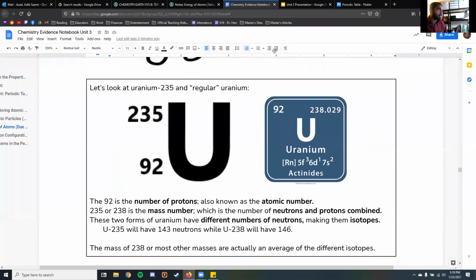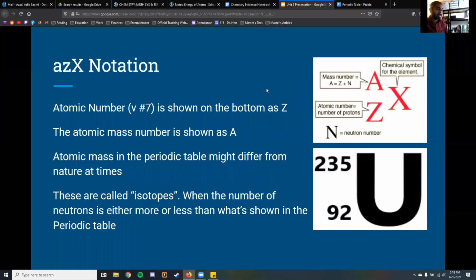Last but not least, we want to remember those neutrons. And so this brings us to this thing called AZX notation. $10 to someone who figures out why it's called AZX notation. This notation lets us put mass and atomic number on paper, and it has a symbol for whatever chemical we're looking at.